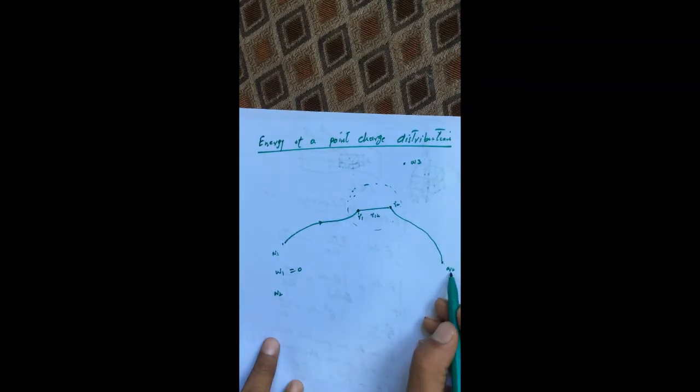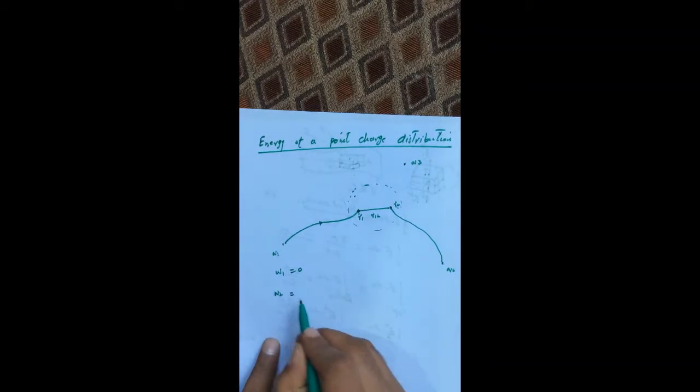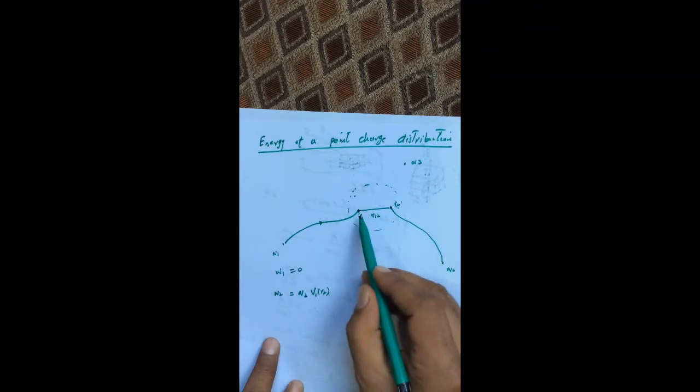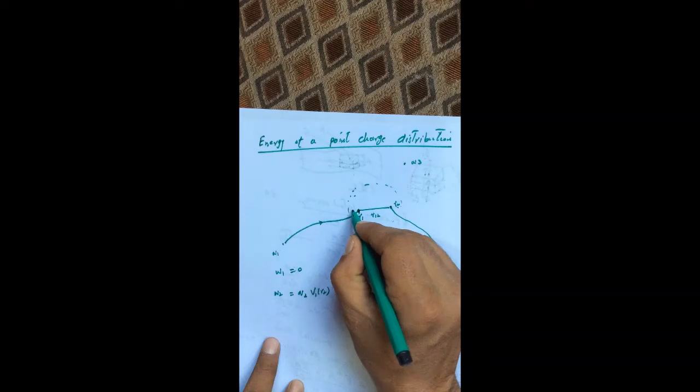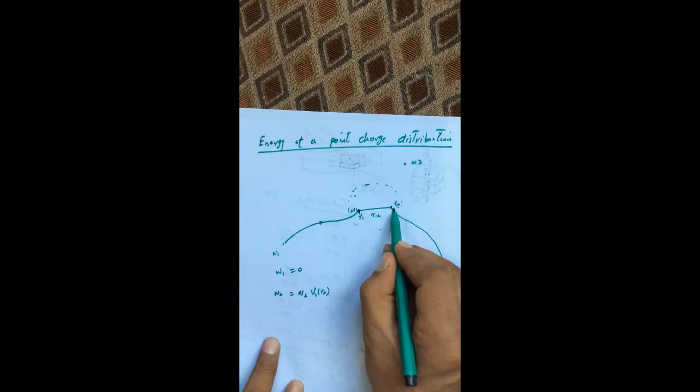Work done in bringing this point charge Q2 to position R2 will be W2, which is equal to Q2 times V1 at R2, bringing the charge Q2 in the field of charge Q1, where V1 at R2 basically represents the potential field of this charge Q1 at point R2.